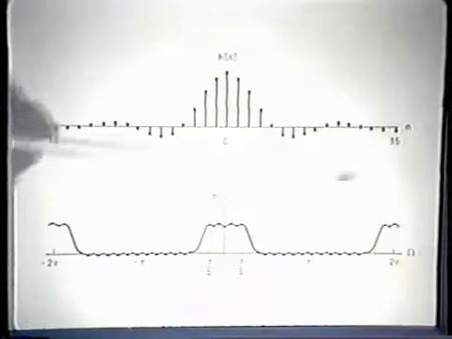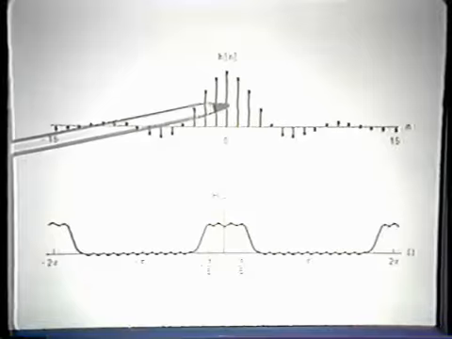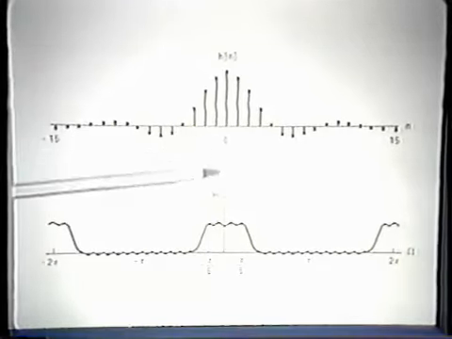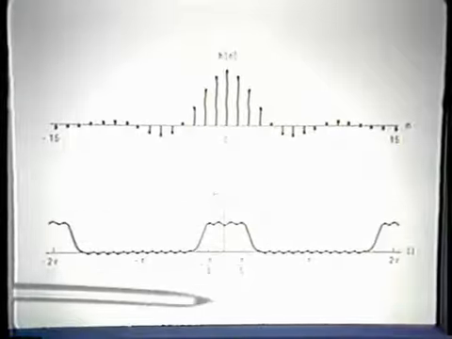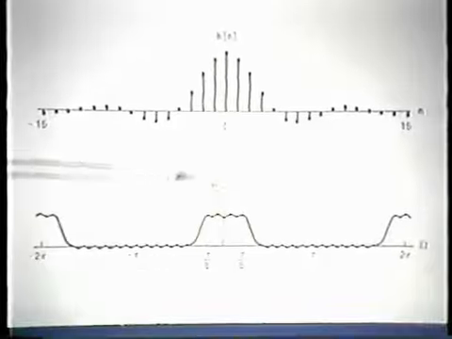In the demonstration, the specific impulse response that is used for the digital filter or discrete time filter is the one that I show here. And the associated frequency response is the frequency response of a discrete time low-pass filter, as I indicate below.